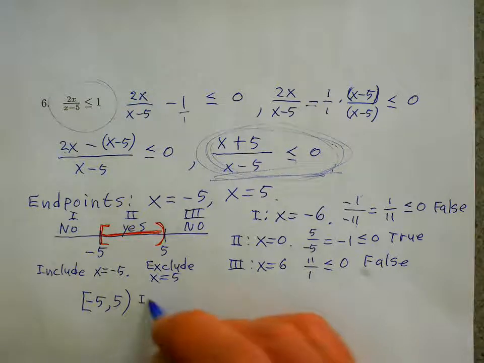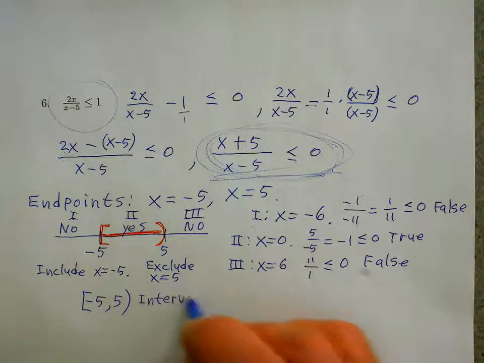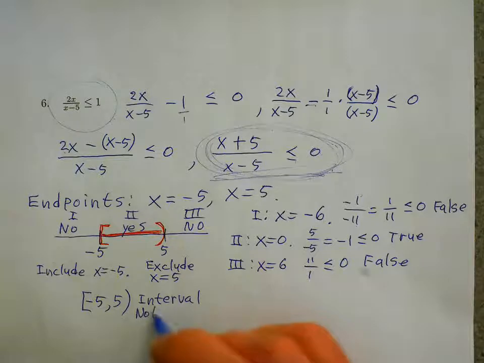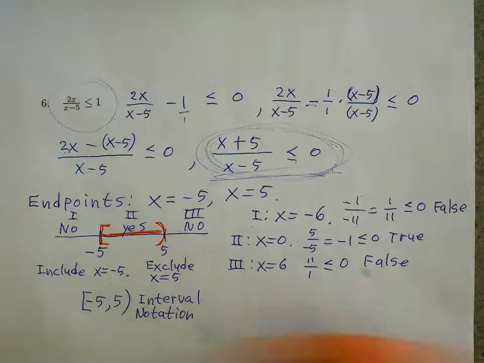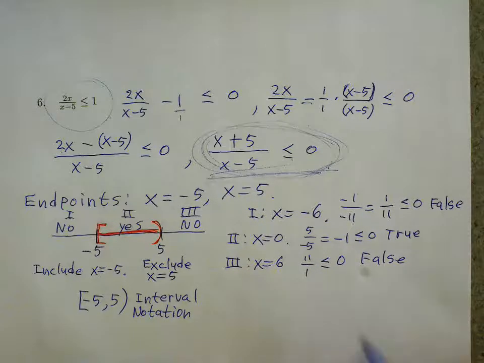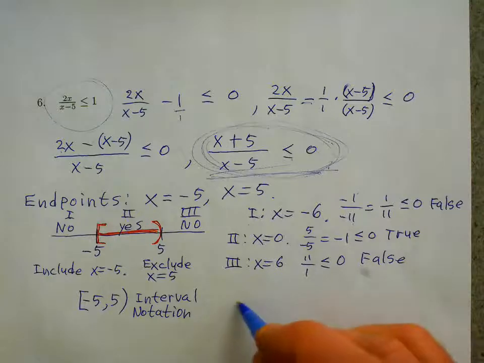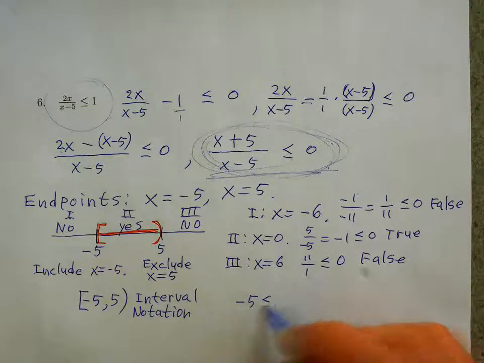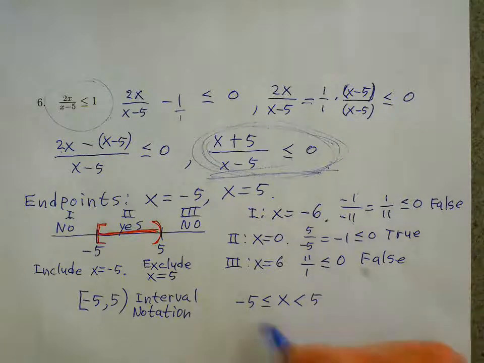This is the interval notation. And then algebraic notation, negative 5 is less than or equal to x, which is less than 5. This is the algebraic notation.